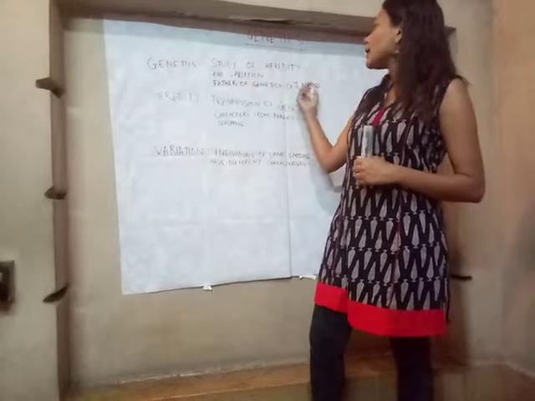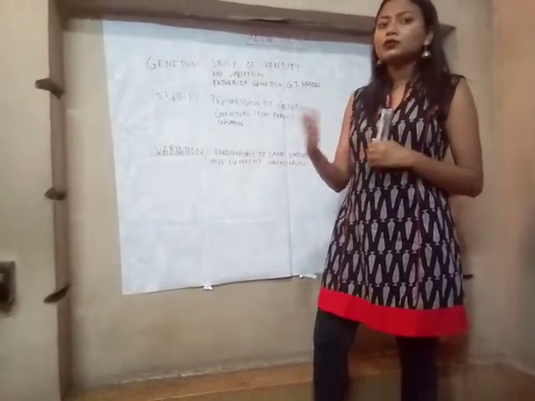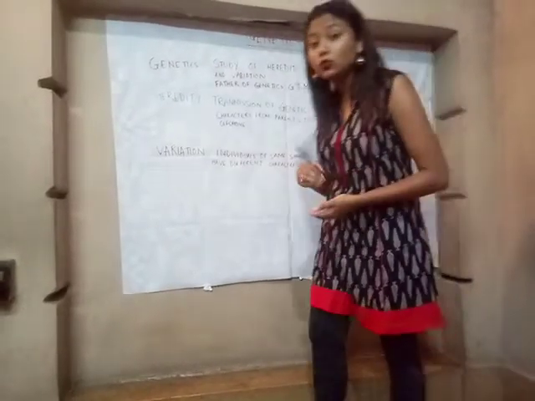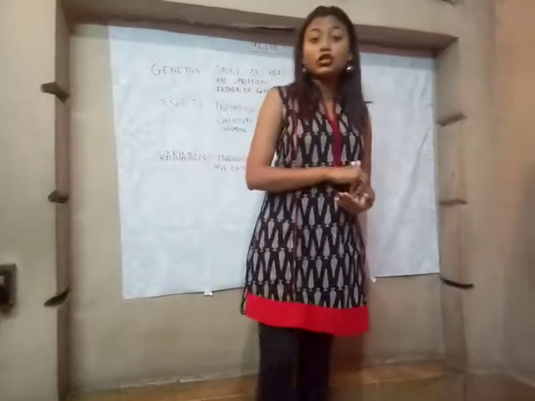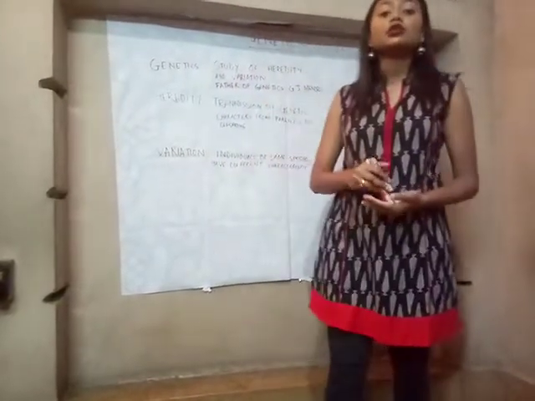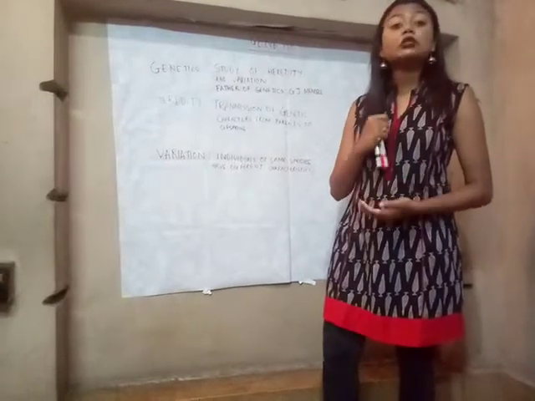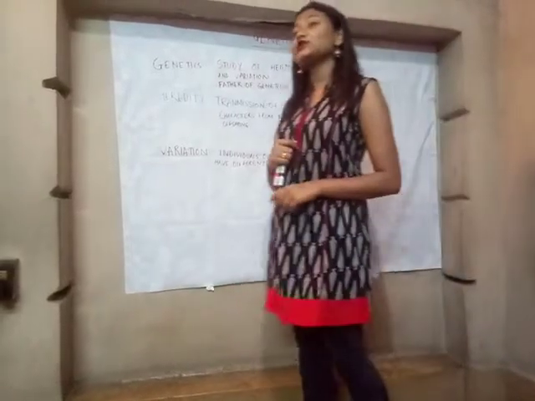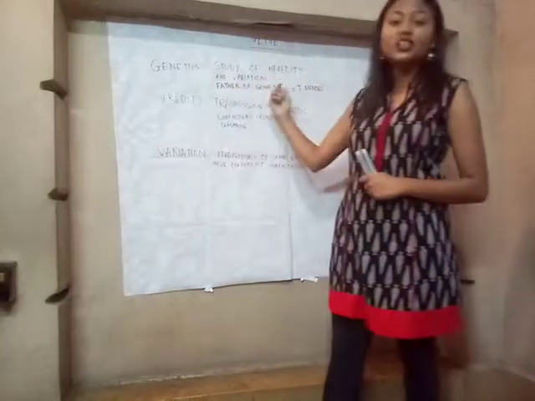But after 16 to 20 years of his death, when his work was getting modernized by Hugo de Vries and other scientists, they found that Mendel's contribution to the field of genetics is very useful. So after 16 to 20 years of his death, he was given the title of father of genetics.